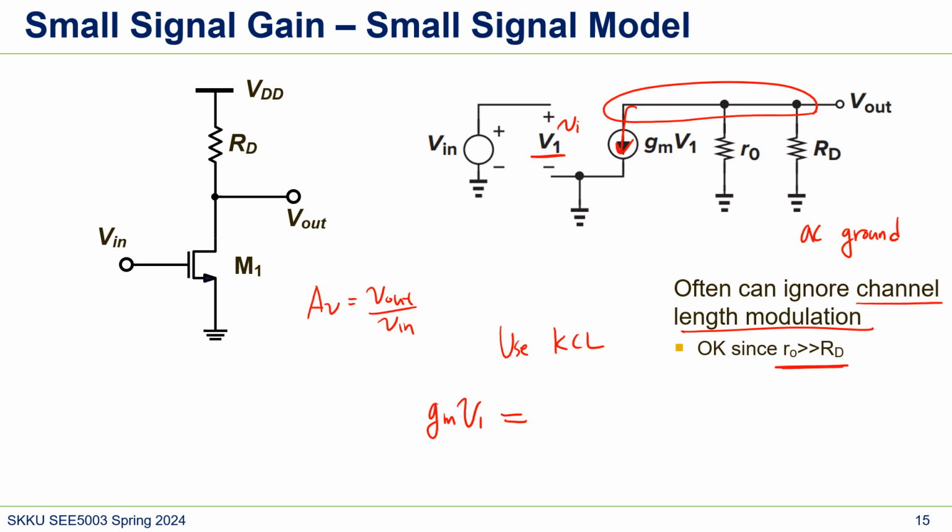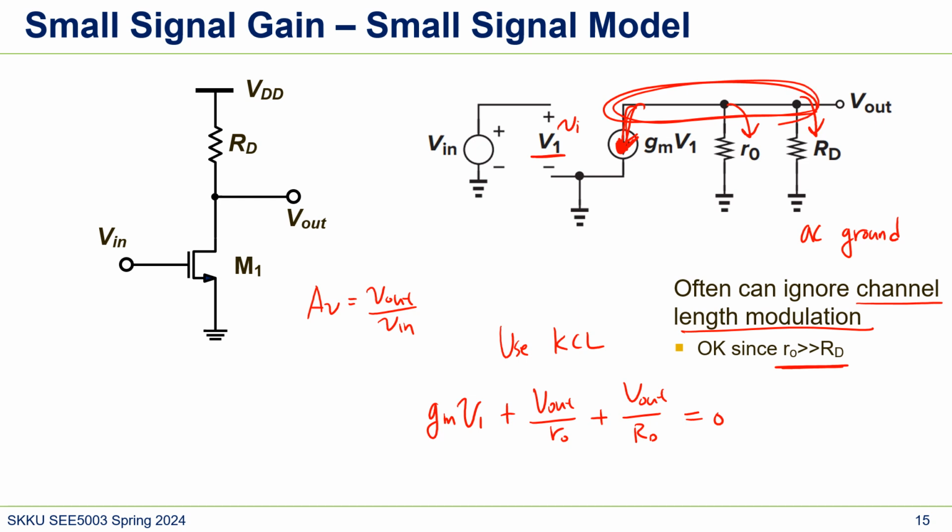So with KCL, the current here is the sum of the currents through ro and RD. This is KCL because if we add them, since they're sharing the same node, it should be 0.